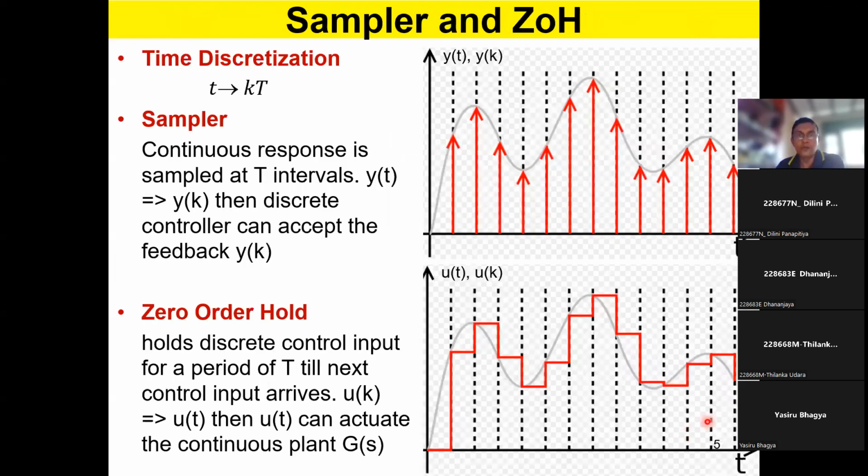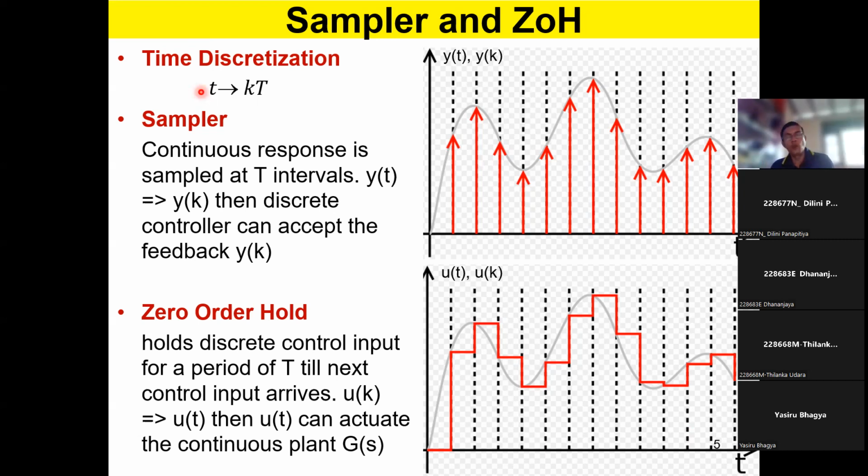Right. And now I want to show you some of these signals. I think I have shown you earlier also, right? This is what the sampler is doing. By the way, the discretization is, in very simple terms, this: t is replaced with kT, right? t is the continuous thing, which is going for the entire time without any gaps.